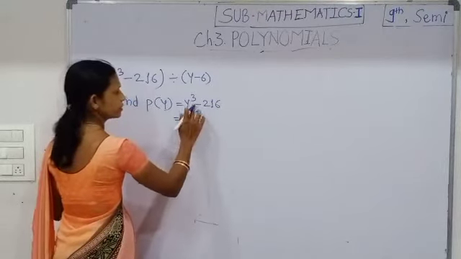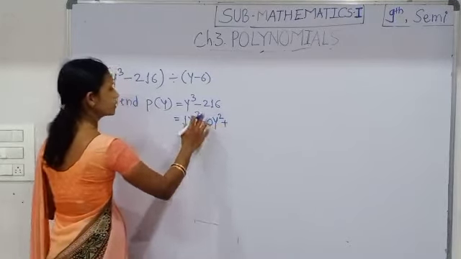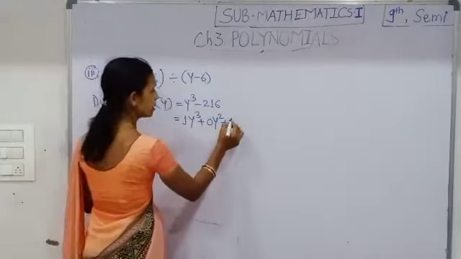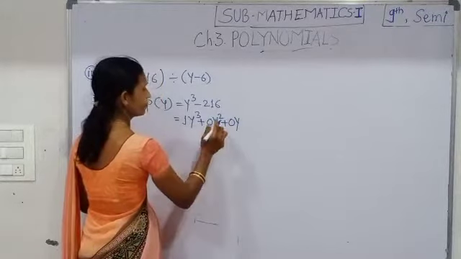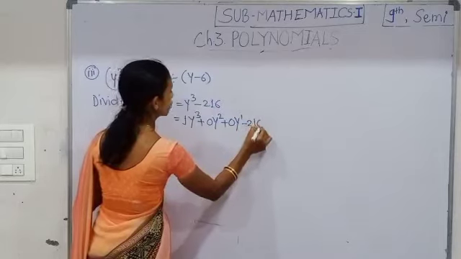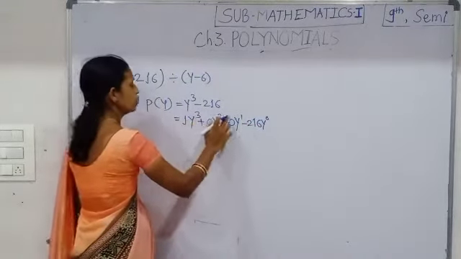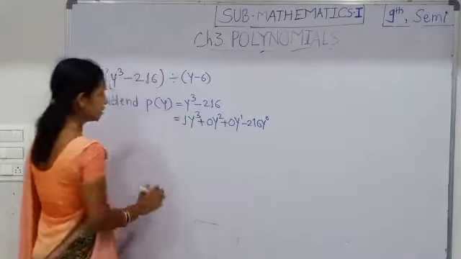Plus the quadratic term is absent. Therefore, 0y square. Plus the linear term is not there. Therefore, 0y. Then we write minus 216 y raised to 0. Then see here, 3, 2, 1, 0. All terms are there.